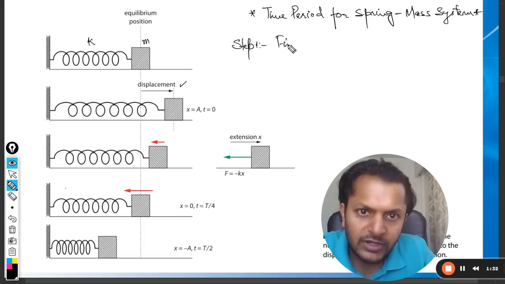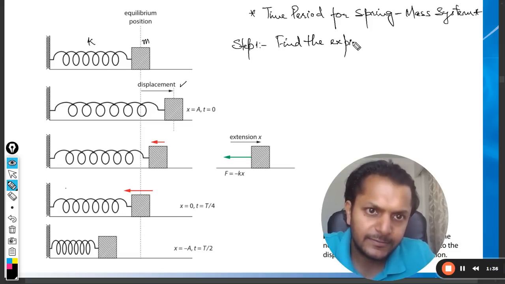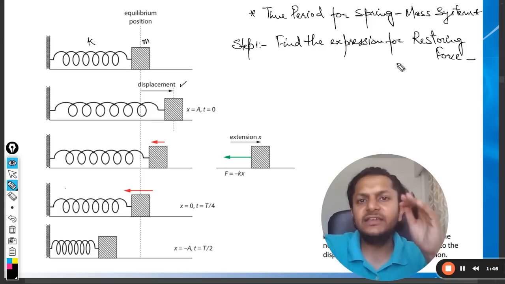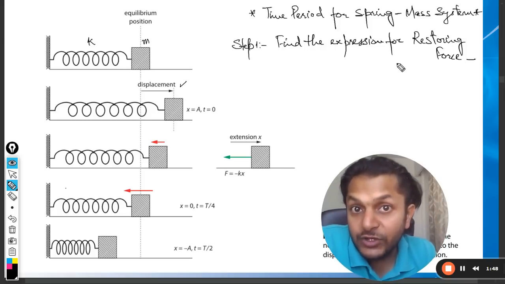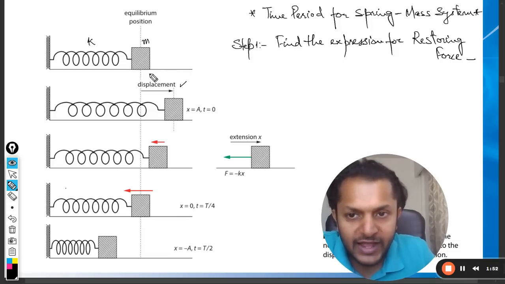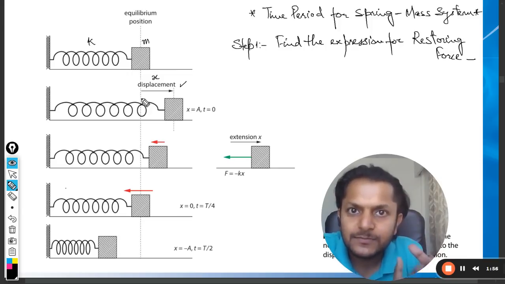Step number one is to find the expression for restoring force. Now, let us say at any time t, the displacement is given as x.